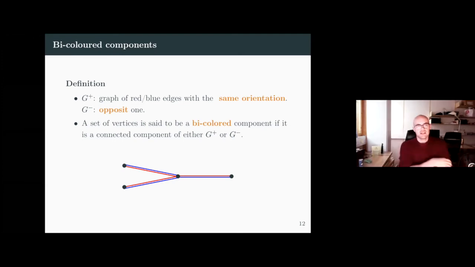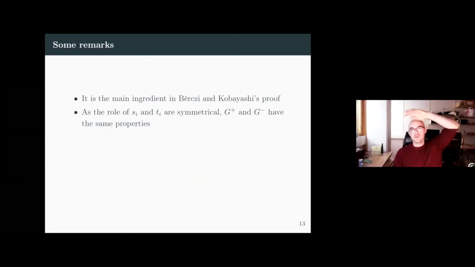All right. So this is the bicolored component, and let me give a few remarks about them. The first remark is that this is the main ingredient in already Berczi and Kobayashi's proof for the case k equal to 2 in the directed case. There is also another remark, which will allow us to forget about G minus: if you look at G plus and G minus, there are two different graphs, so you have two different sets of components, but actually they play exactly the same role.